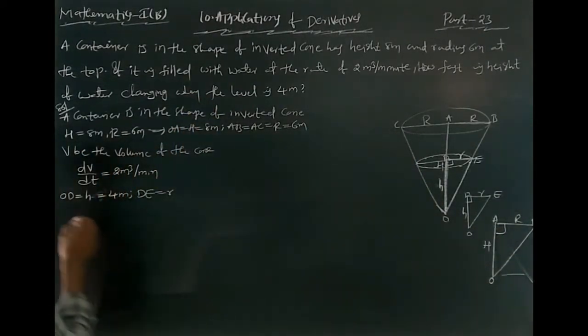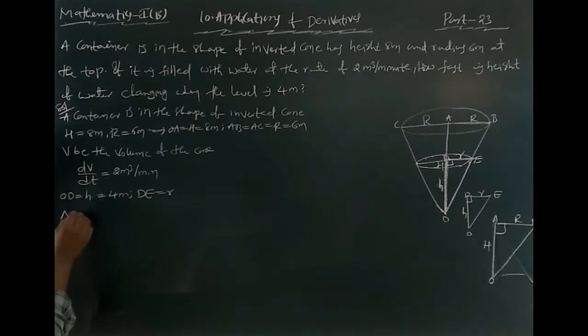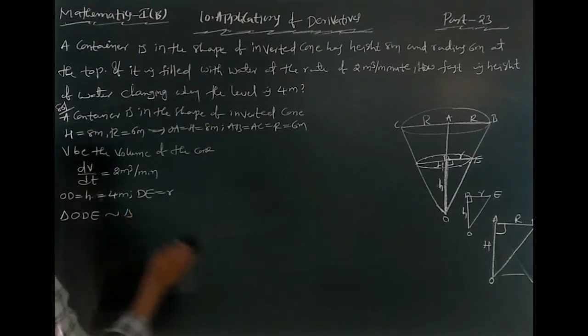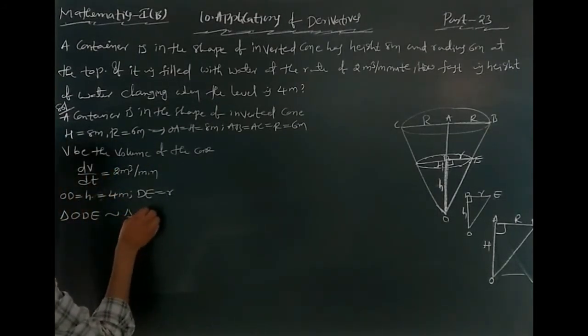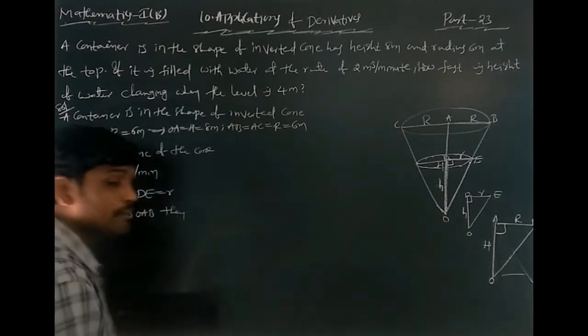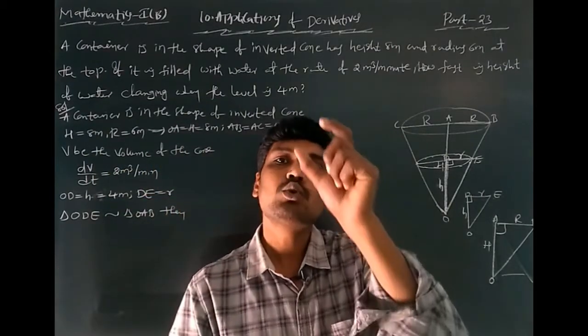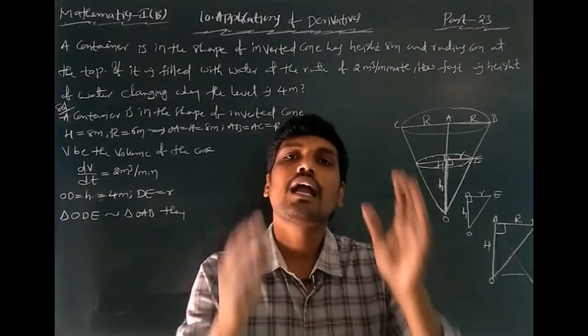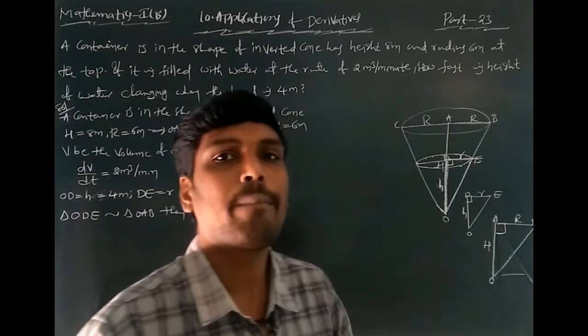First you can write that triangle ODE is similar to triangle OAB. What is the meaning of similar triangles? If two triangles are similar, corresponding sides are proportional.